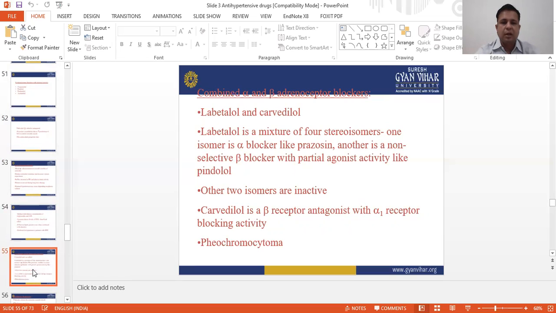Two other isomers are inactive. Carvedilol is a beta receptor antagonist with alpha 1 receptor blocking activity, used in pheochromocytoma.